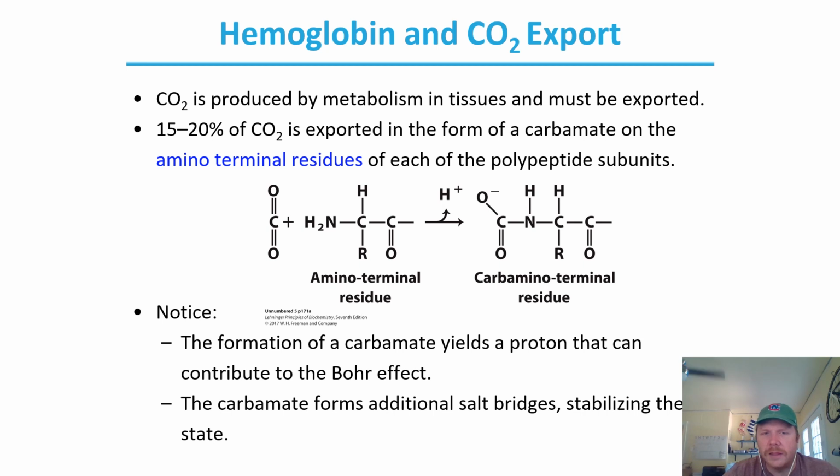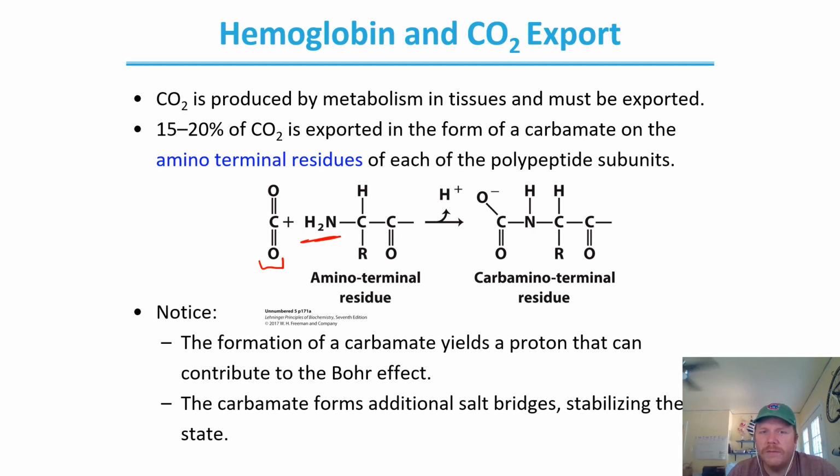So what we're looking at then is CO2 is produced by metabolism in tissues and must be exported. 15 to 20% of CO2 is exported in the form of carbamate on the N-termini of hemoglobin protein. So what we have is CO2 right here, which is going to be added to the N-terminal of a hemoglobin protein.